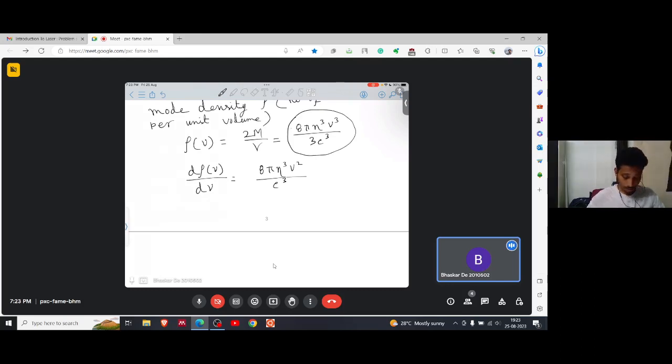So this is the mode density for the frequency interval nu and nu plus d nu.